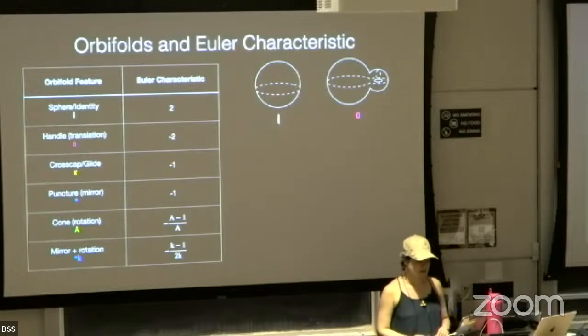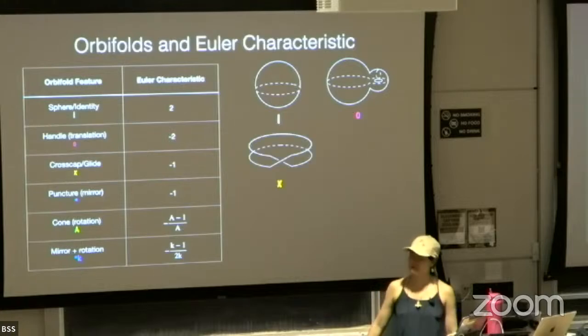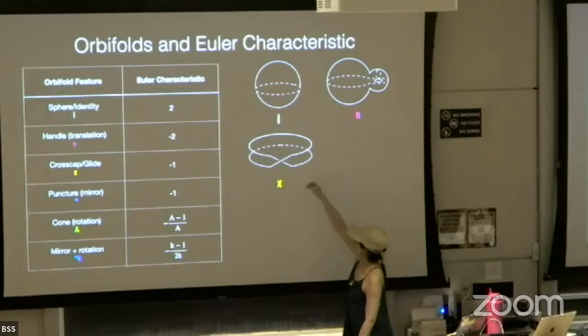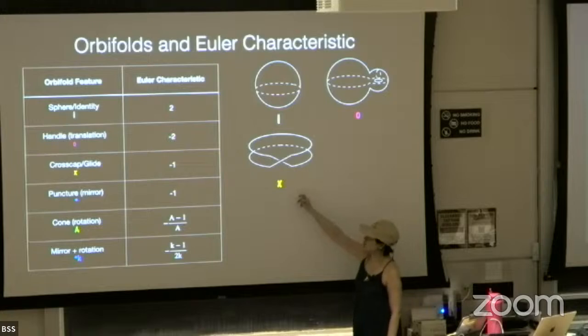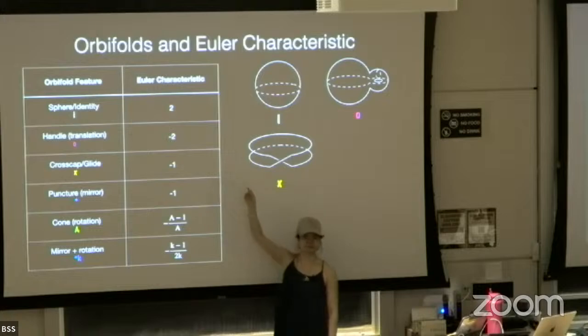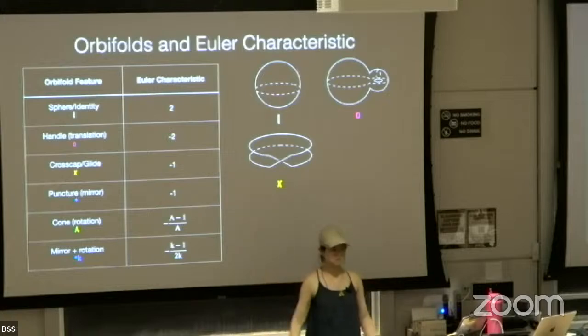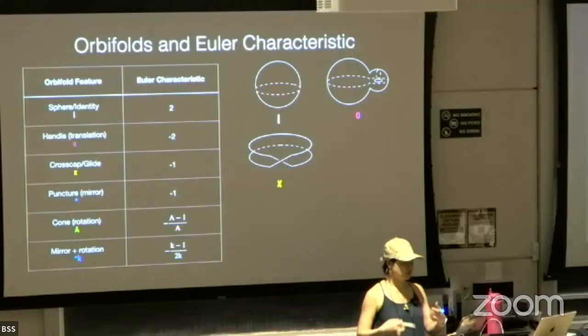I can also do the glide symmetry, which is what we call a cross cap, I guess because it looks like an X in the line version. So this is our cross cap, and to the Euler characteristic, we subtract 1. So this is adding a boundary to our manifold, or to our orbifold, I should say.